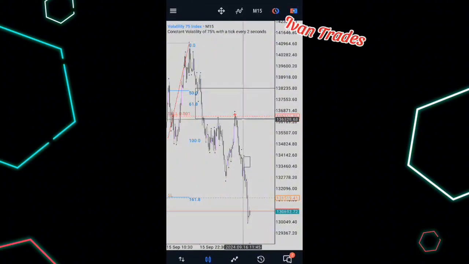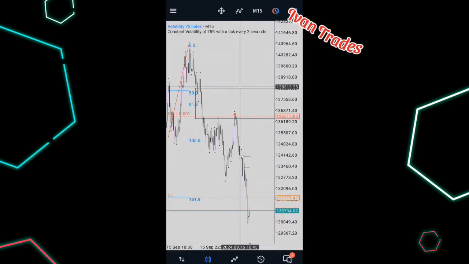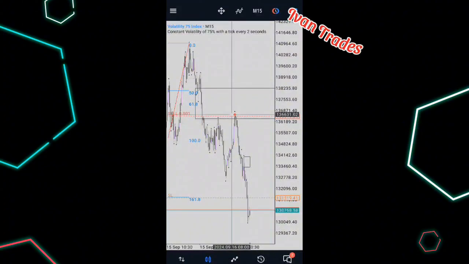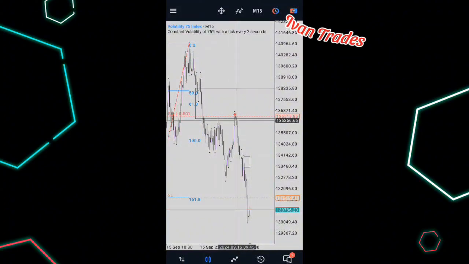I decided to enter using turtle soup above it, with my stops above this fair value gap, because if it did not hold, that would mean that the price is still going up and I did not want to be inside of the trade by that time.